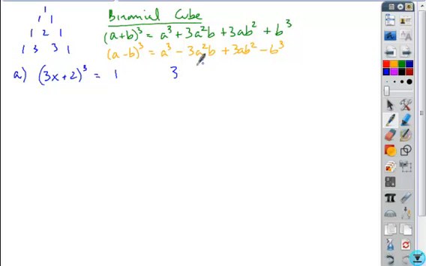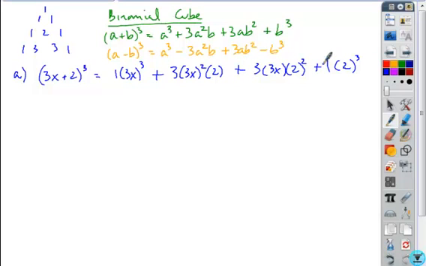And I would actually start with those coefficients, 1, 3, 3, 1. And then I take my first term, 3x, and that's going to be the base of my exponents as I move from left to right, starting with the highest power of 3, then 2, then 1, and then 0, just leave it out. And I can take my second base, 2, and I can start building that up, starting from the right to left, starting with the highest power of 3, 2, 1, 0.